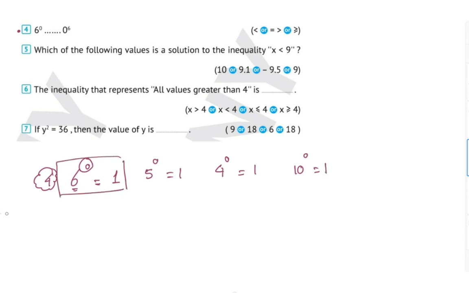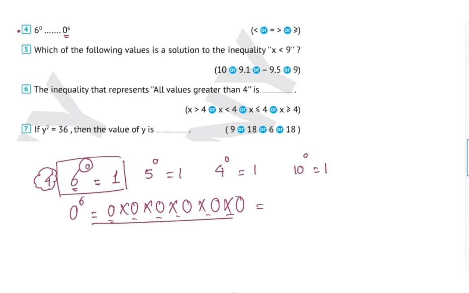But 0 to the power 6. What's the meaning of 0 to the power 6? 0 to the power 6 equals 0 times 0 times 0 times 0 times 0 times 0, 6 times, 1, 2, 3, 4, 5, 6. 0 times 0 equals what? Equals 0.